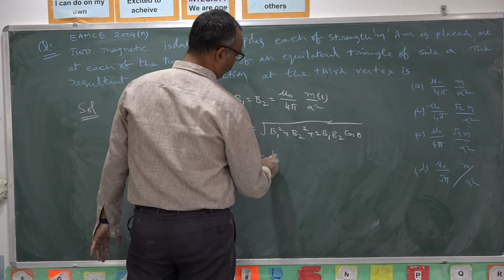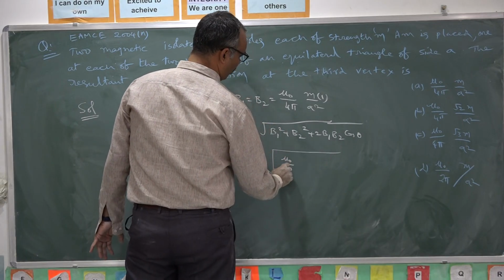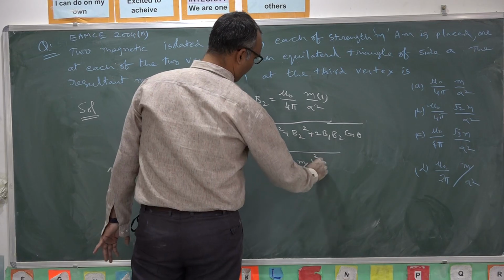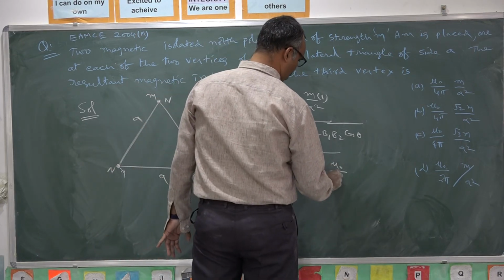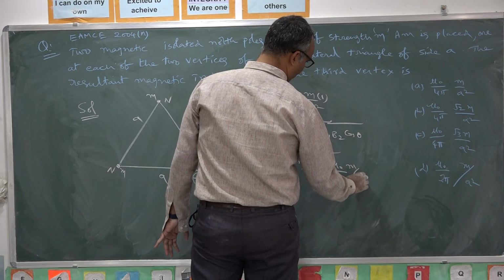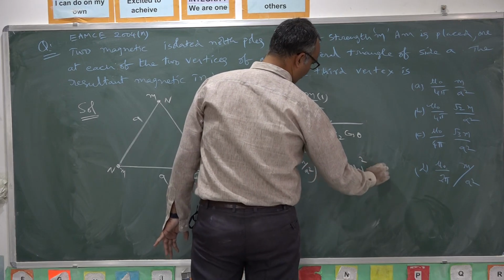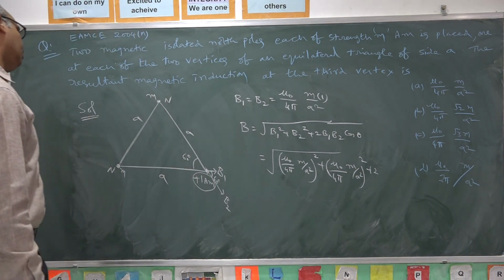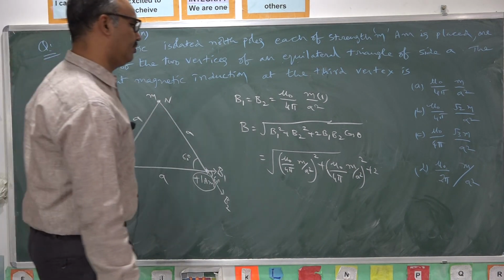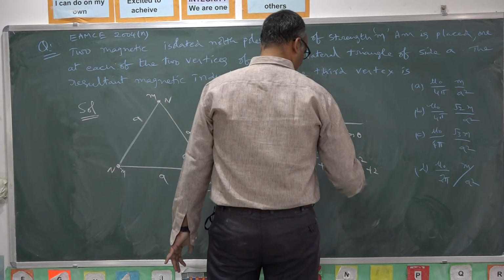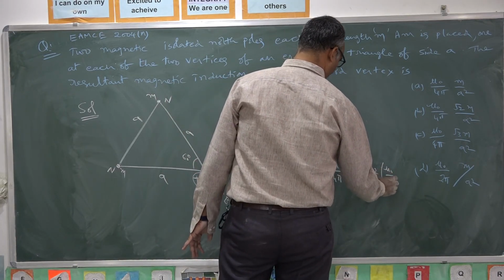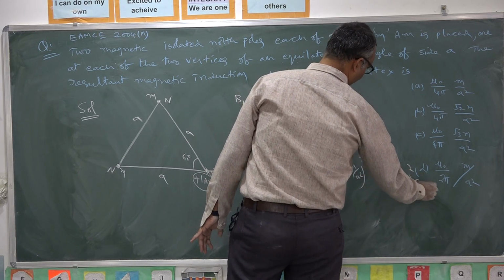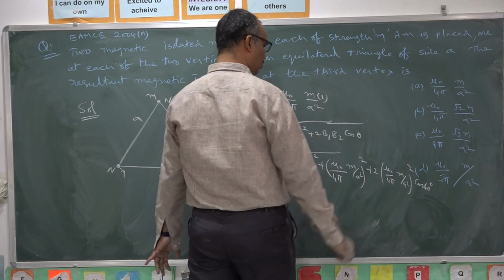So it is the square root of the quantity mu naught by 4 pi m by a square, whole square, plus mu naught by 4 pi m by a square, whole square, plus 2 into B1 B2 into cos 60. B1 and B2 are the same. Cos 60 is 1 by 2, so the 2 cancels.